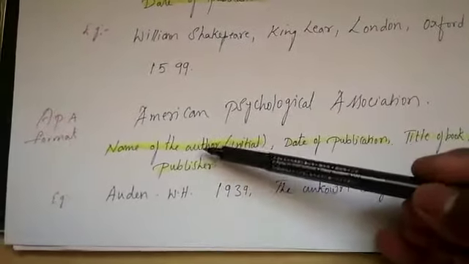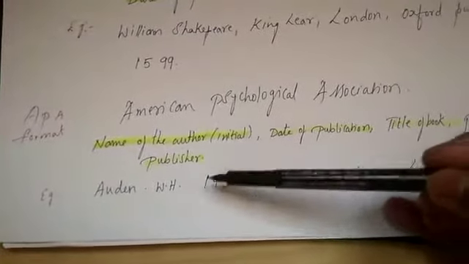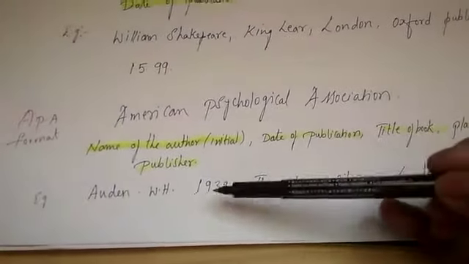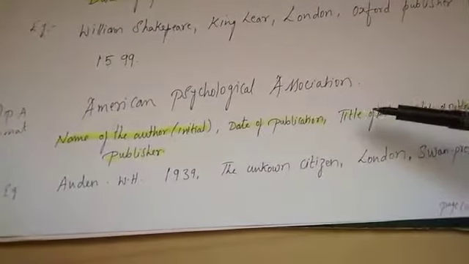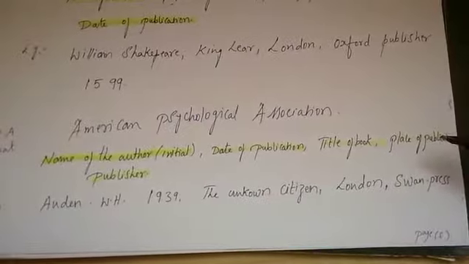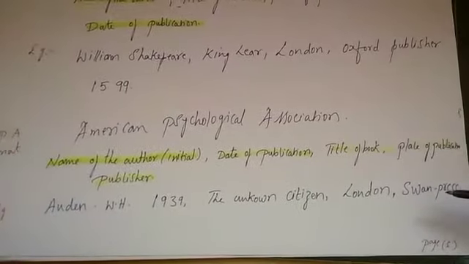For example, name of the author Auden, initials W H, date of publication 1939, title of book The Unknown Citizen, place of publication London, publisher name Swan Press.